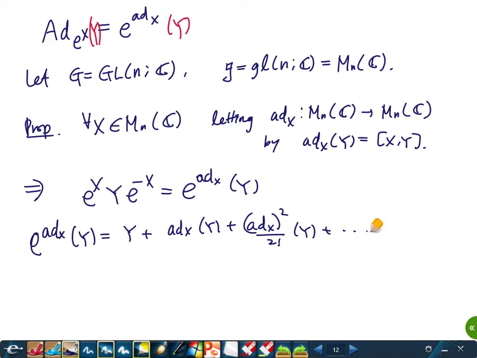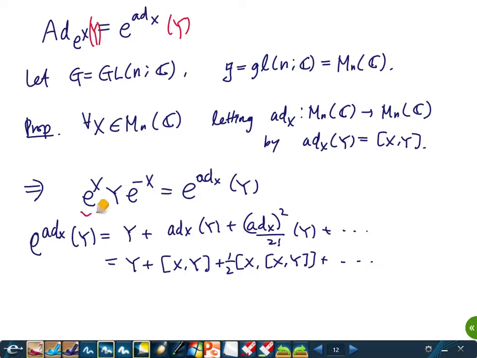Or if you want to use brackets, it's y plus [x, y] plus 1 over 2 [x, [x, y]], etc. This is a consequence of the theorem in the previous slide, but it is also possible to prove this directly, and that will be one of the homework problems for next week.